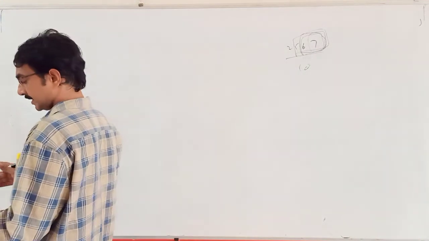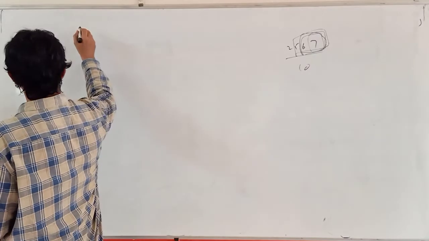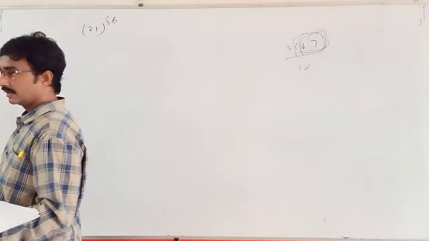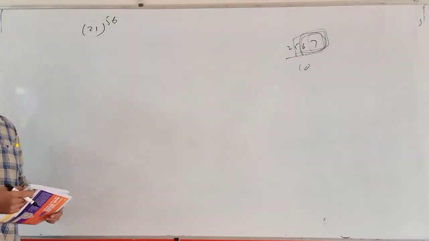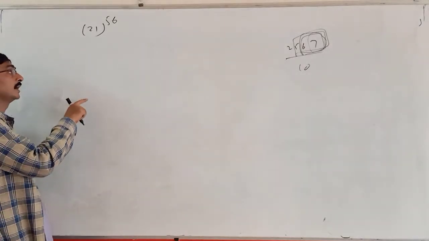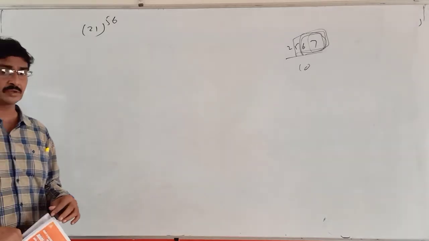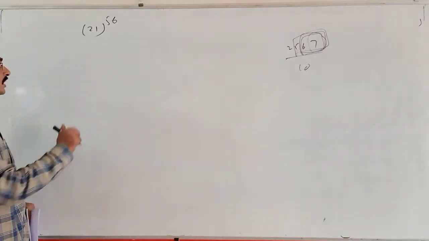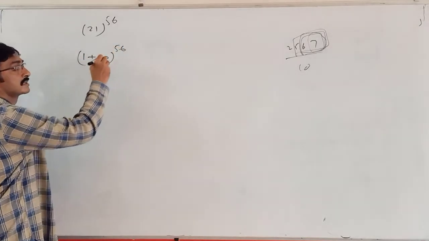See the problem. The last two digits of 21 to the power 56. Okay. So the last two digits of this number is nothing but the remainder of this number when divided by 100. 21 can be expressed as (1 plus 20) whole power 56.